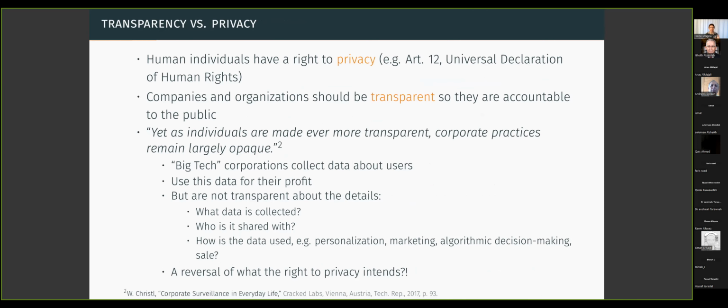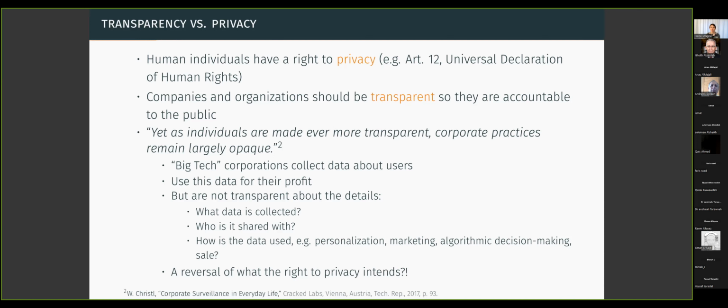Now, there are two important concepts here, the two main themes of my talk: transparency and privacy. It's important to be clear that privacy is a thing that applies to human individuals. If you look, for example, at the Universal Declaration of Human Rights, this privacy concept is something that human individuals have a right to.